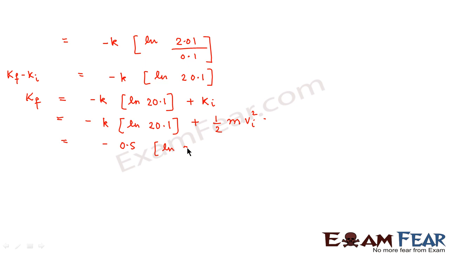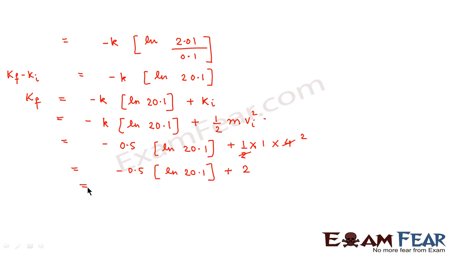So this is minus 0.5 ln 20.1 plus half. Mass is 1 kg. Initial velocity is 2, so 2 into 2, that is 4, and the half and 4 give plus 2.